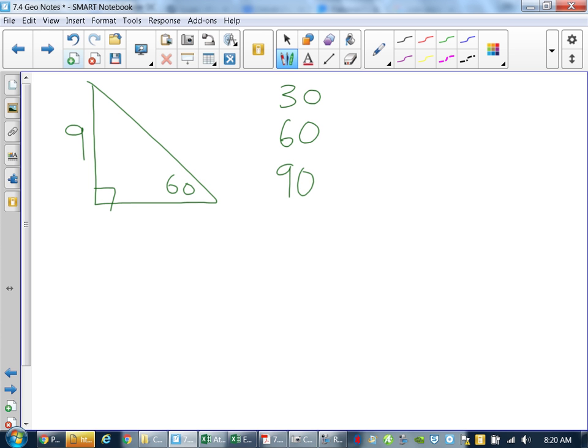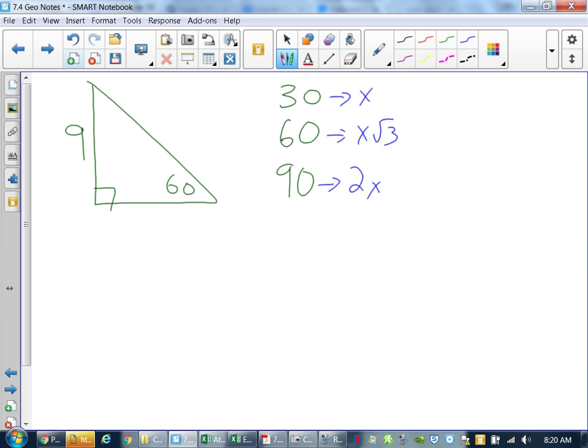Again, you're going to wind up with a one-step algebra. So if you write out your algebra, across from which value do you know? Which one are they given to you? Across from the 60.